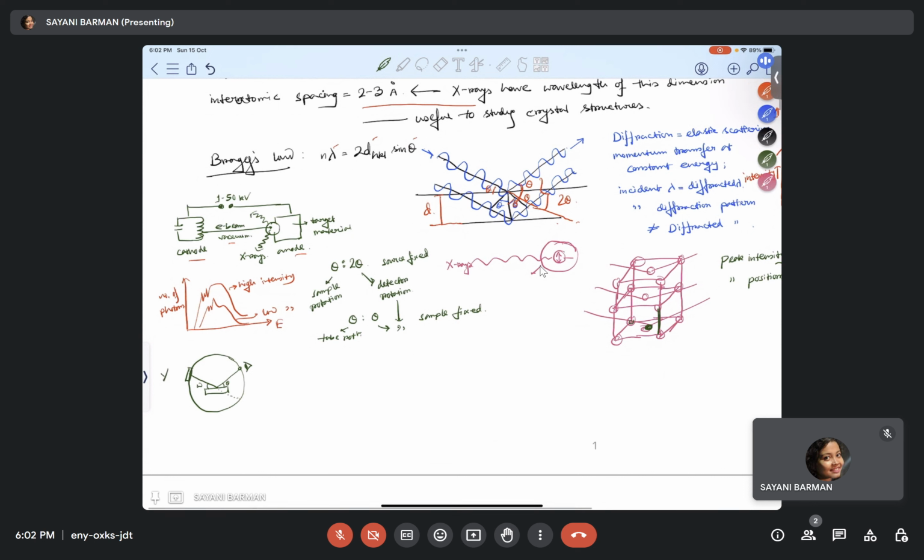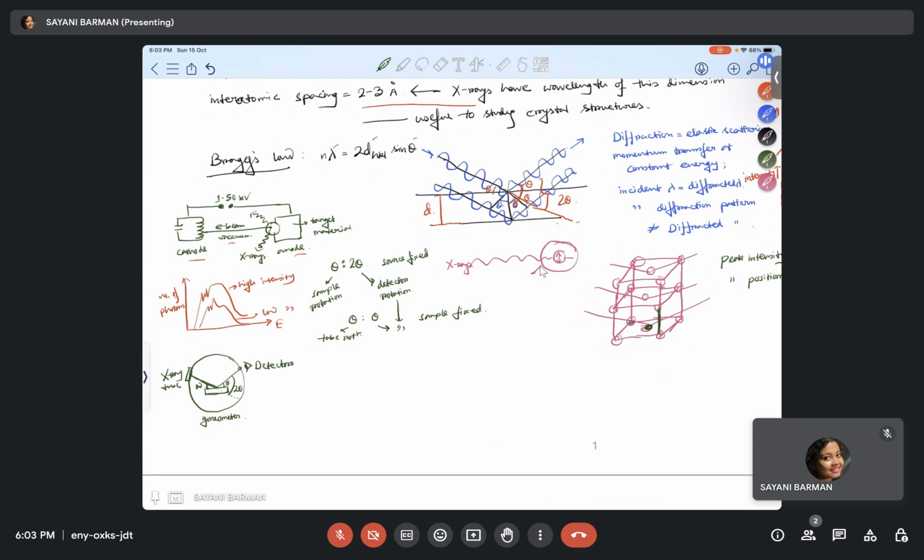Let's say this is the X-ray tube. X-ray is coming here, and it makes an angle omega, and this rectangular plate is called the goniometer. This makes the angle of theta, and here is the detector, and if we take the whole angle, it is 2 theta.